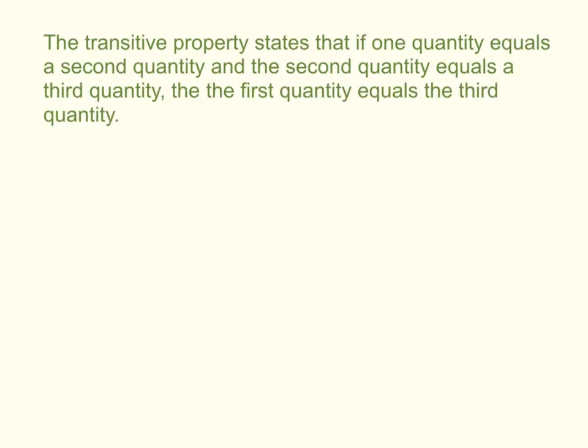The transitive property states that if one quantity equals a second quantity and the second quantity equals a third quantity, then the first quantity equals the third quantity. So what we're saying there is if a is equal to b and b is equal to c, then a must be equal to c. So that's the transitive property.